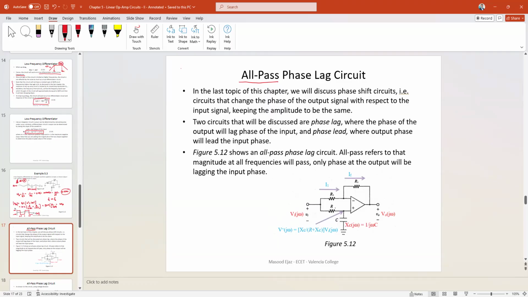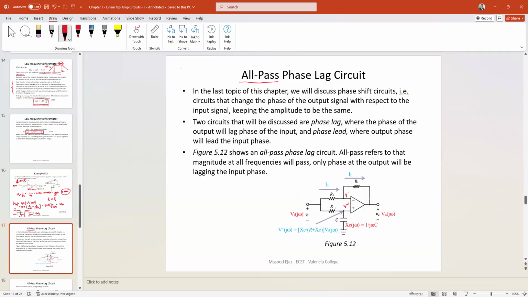And the way we solve it is, first we find out what is the voltage at the non-inverting input, which will also be equal to the voltage at the inverting input of the operational amplifier. So voltage at the non-inverting input can easily be found out by applying voltage division.